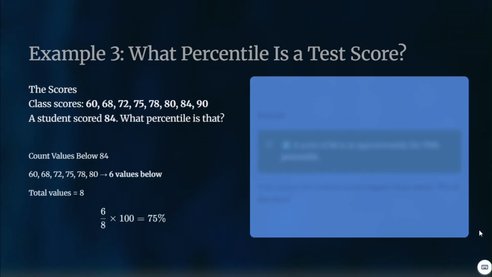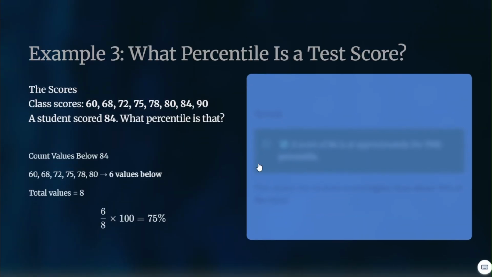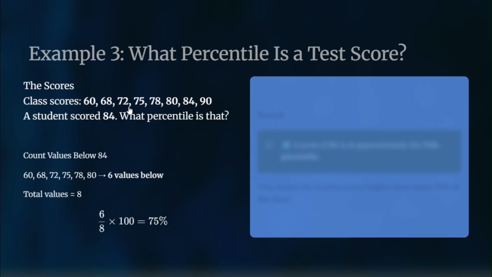Now, what if we have test scores? The class scores are 60, 68, 72, 75, 78, 80, 84, and 90. A student scored 84 and we want to find what percentile that is. So what we'll need to do is count how many values are below 84. In this case, we have 1, 2, 3, 4, 5, and 6 values that are below 84. In total, we have 8 values.